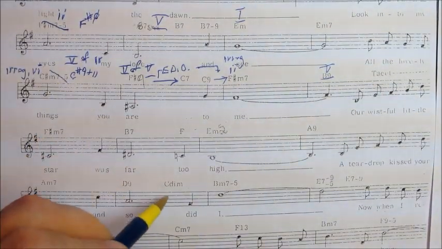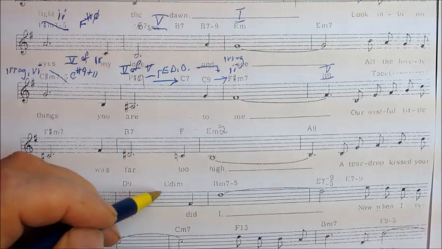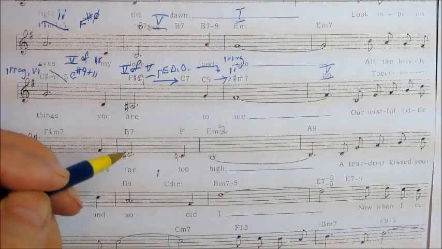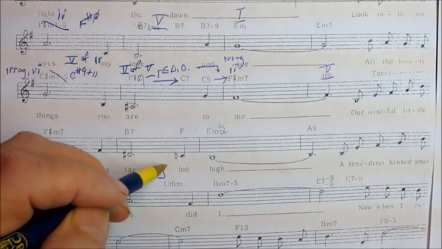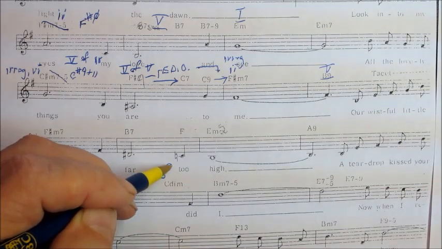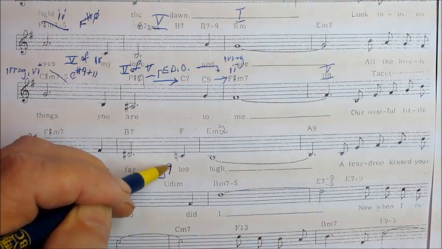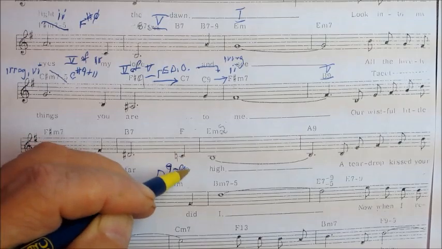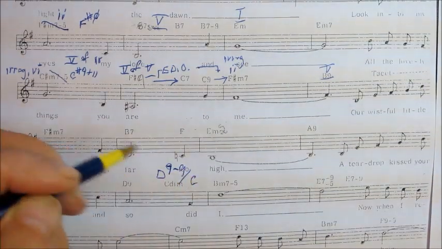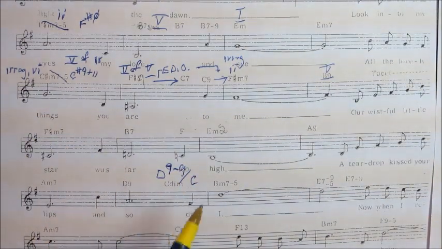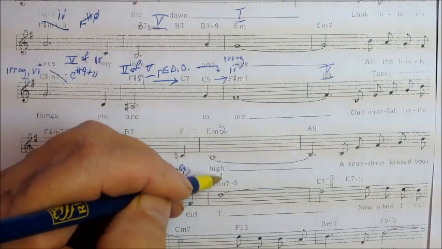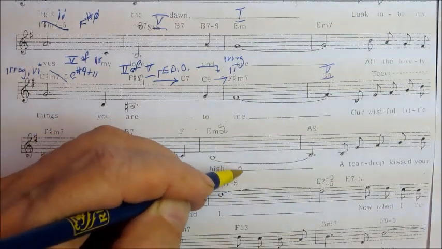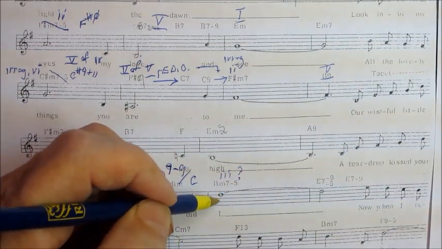The C diminished chord here, the publisher probably would like you to think of it more of, he just didn't know how to say it, a D7 flat 9 over C. So then you have a passing 7th onto what would appear to be the 3 chord, the B minor in G.